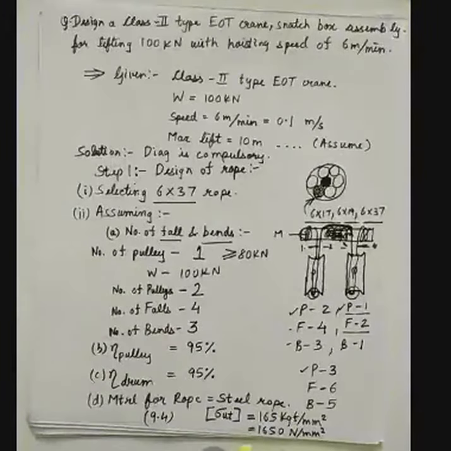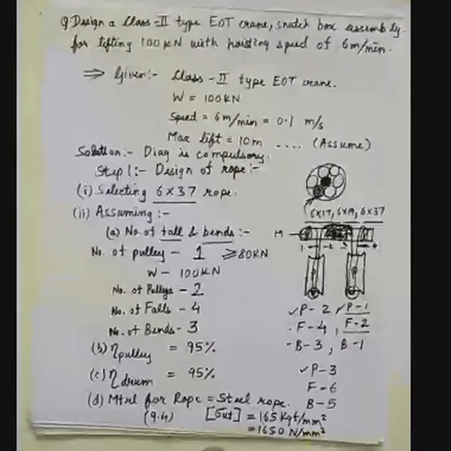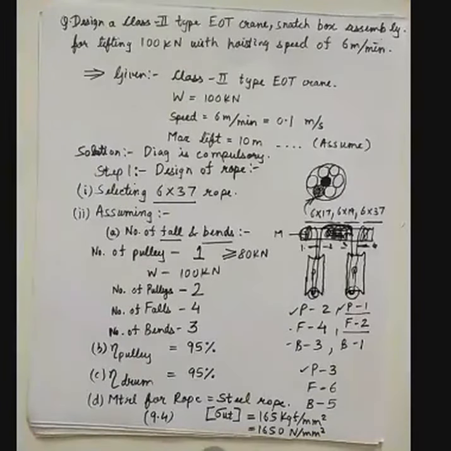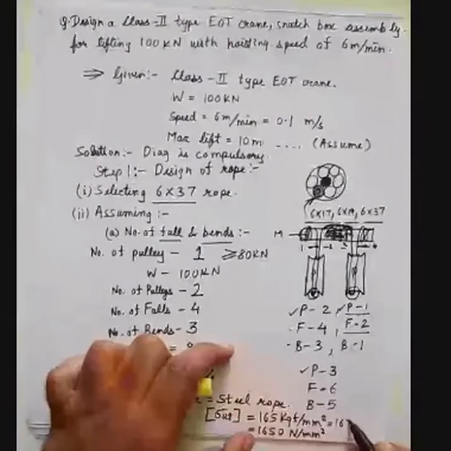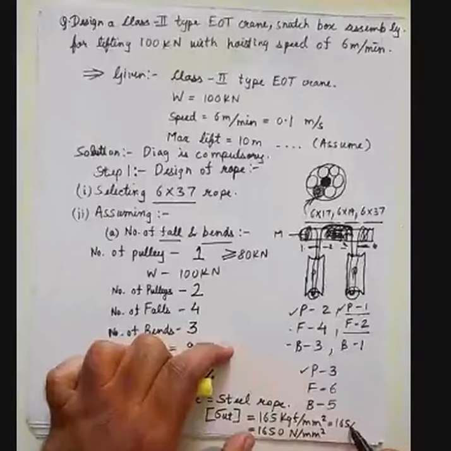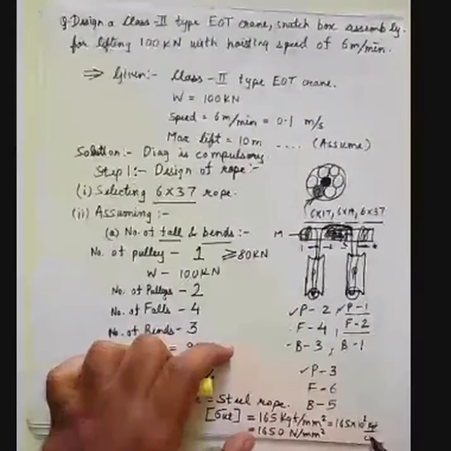So I have taken it as 165 kgf per mm square, converted it to Newton per mm square. You can also convert it into kgf per centimeter square if you want. So it will be 165 into 10 raised to 2 kgf per centimeter square.